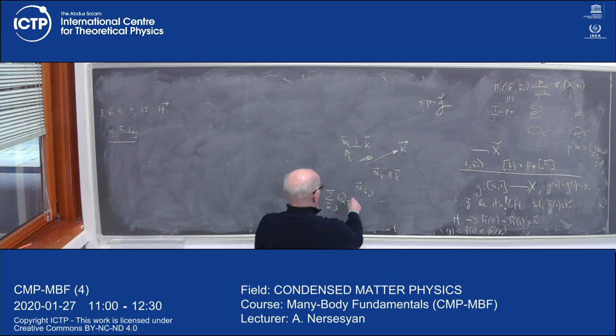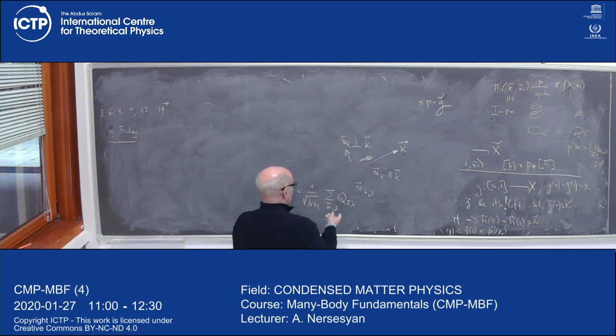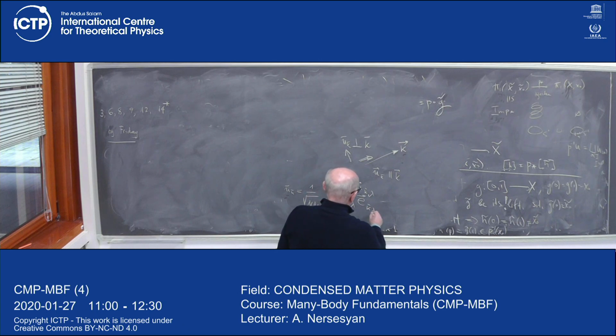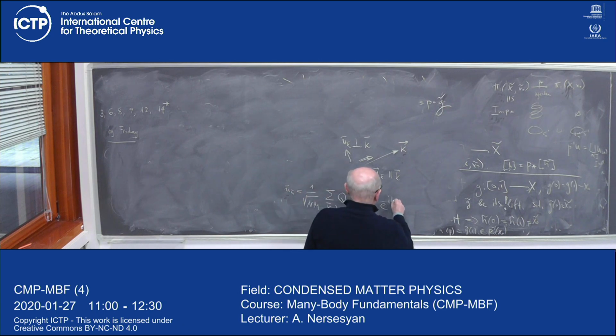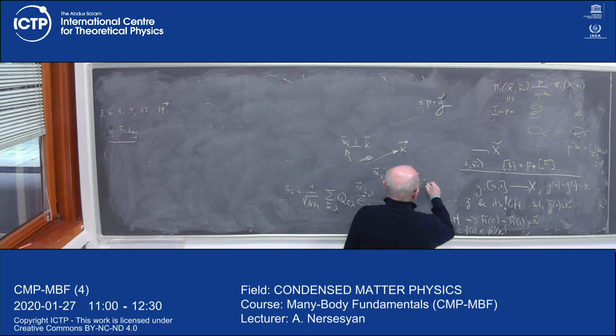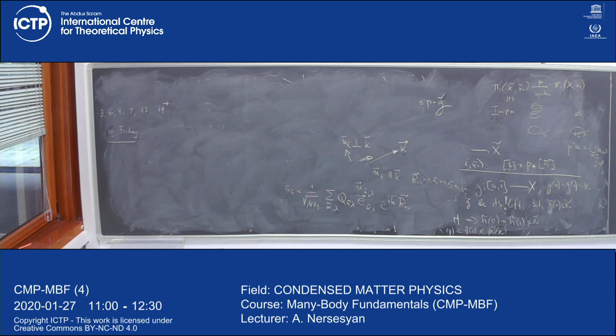You write down q_k lambda, which is the Fourier transform of the corresponding coordinate, but to keep its vector nature, I have to put this unit vector e_k lambda, and then I have to write down something like e to the i k dot R_n^0, where R_n^0 is the equilibrium radius vector on the lattice. Well, for instance, suppose n1 a1 plus n2 a2 plus n3 a3 on the simple, say, rectangular lattice, however you want.